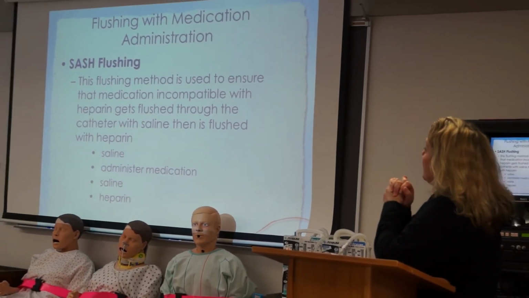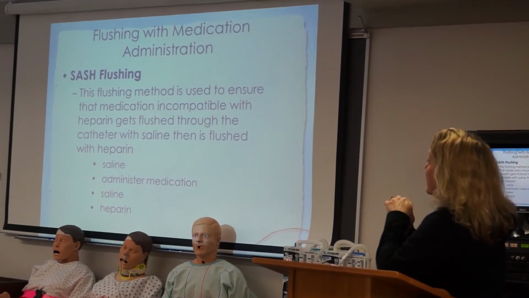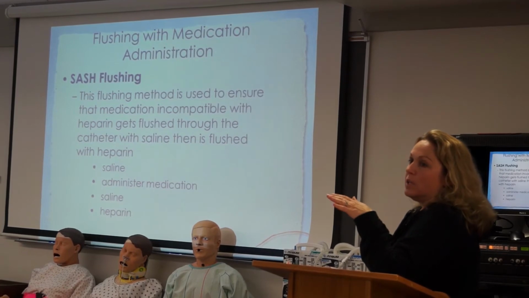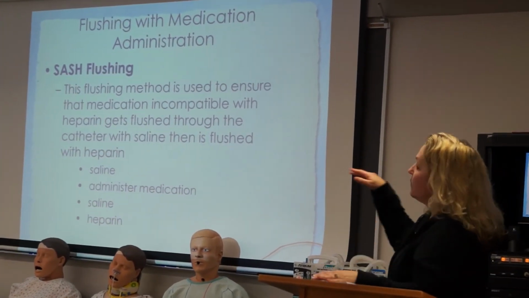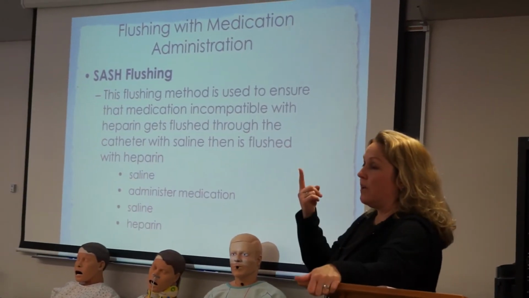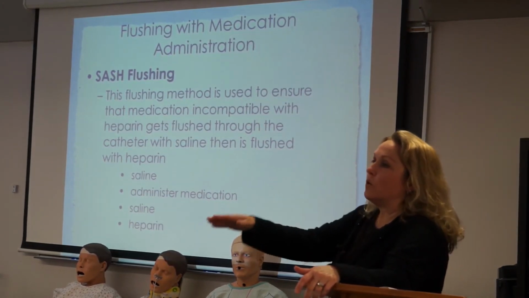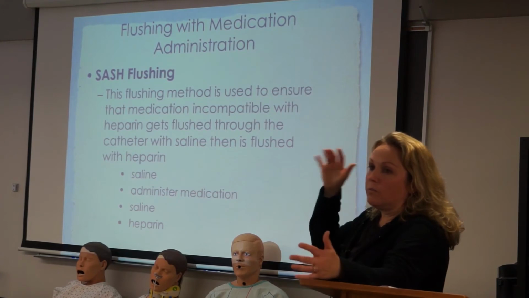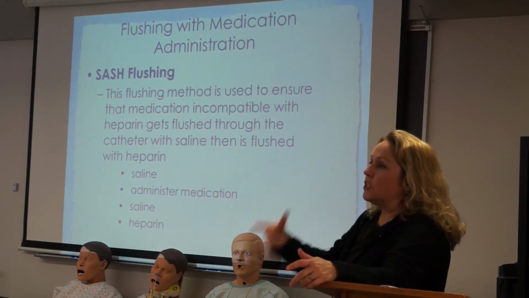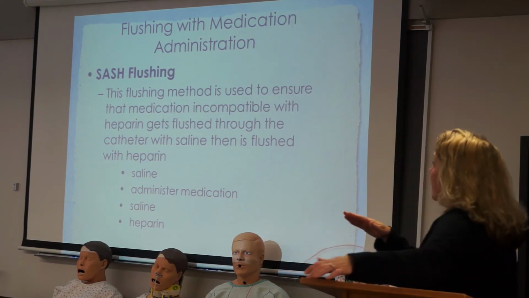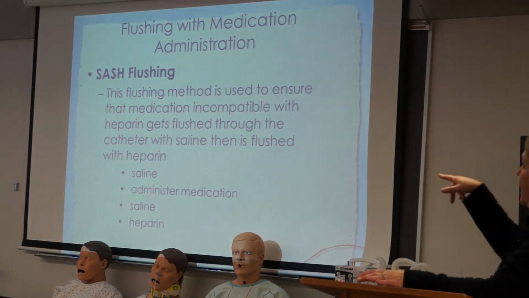So you want to make sure that you're flushing something that's compatible with whatever else is in the line, right? So we have to first flush with saline. If it's been locked and there's heparin in there, you need to get the heparin out. But if it's infusing with, say, D5W or anything else, you want to flush it with normal saline to get that out of that line. That's your S, saline.